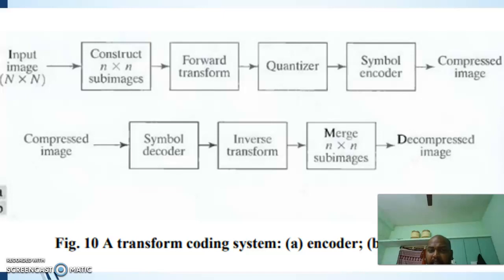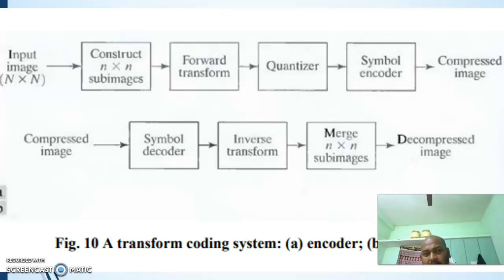After receiving this, for the forward processes we have carried out, the corresponding inverse processes are carried out to reconstruct and recover the image. Here we carried out encoding, and there decoding is carried out. We applied the forward transformation, and here we apply the inverse transformation.